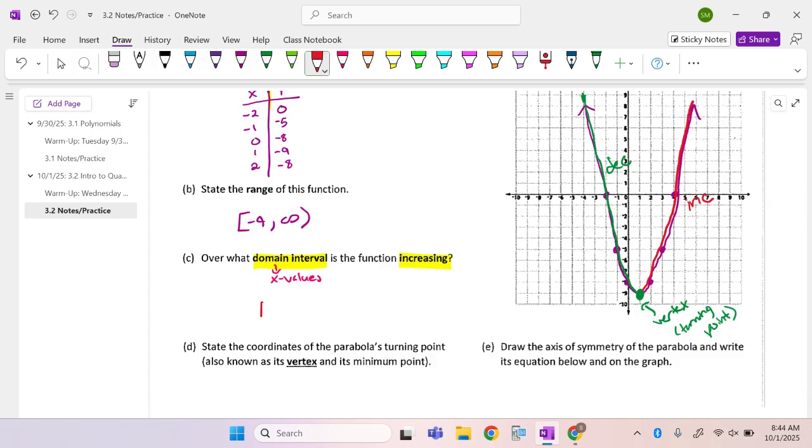Now let me ask you this. Do you think I'm going to use a bracket or a parenthesis here? So I'm hearing mixed answers. Let me ask you this. Is the turning point increasing or decreasing? It's neither. So it's the gray area, it's neither.